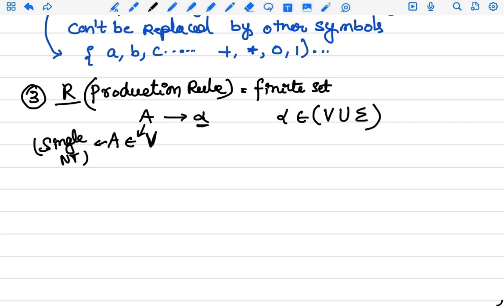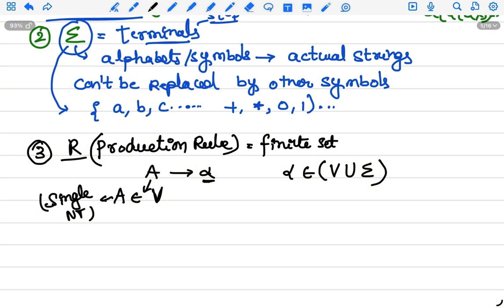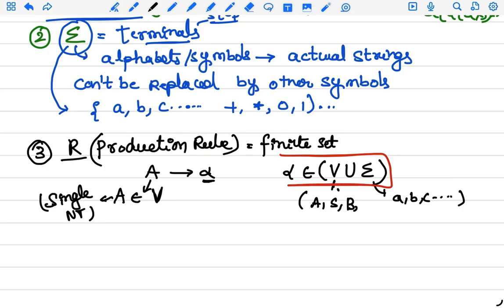Variables means capital A, S, B and so on, and terminals are small a, b, c, 0, 1, star, all combined.